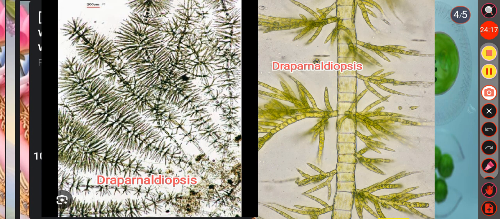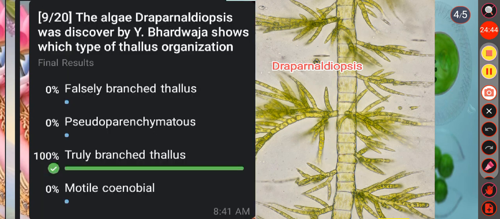It has two types of branches, that is determinate and indeterminate. Determinate branches are produced from successive nodal cells and indeterminate branches repeat the structure of the main axis, right? So it shows the truly branched form of thallus organization. Then see the other options.